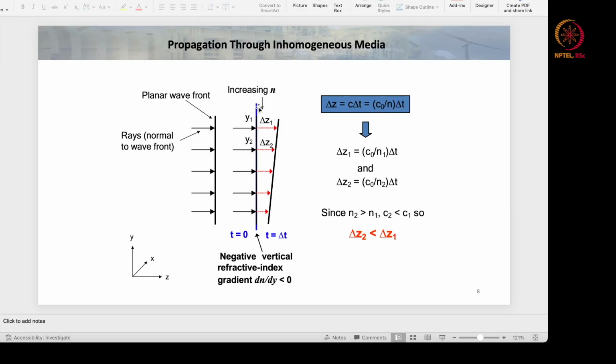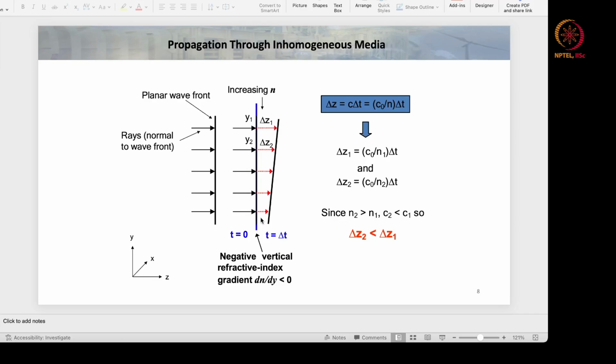This impinges, and then in this particular medium, right after this boundary, you start having a change in the refractive index. So how does the refractive index change? It changes in a negative fashion. That means the gradient of the refractive index with respect to y is less than 0, which in other words means that as you decrease y, your refractive index n is going up.